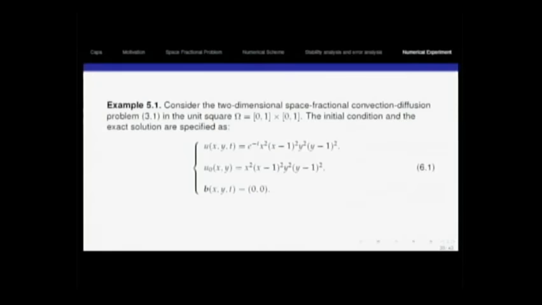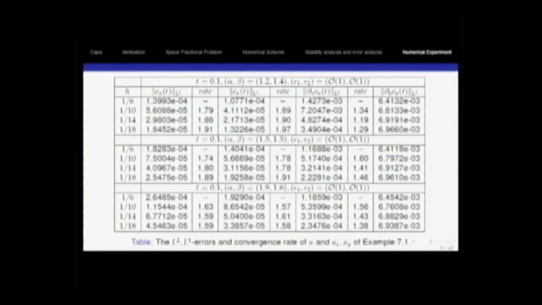So now I will give some examples. We chose the exact solution as this one with the initial condition, and we consider B homogeneous, just 0, to see what happens. Okay. We consider t equals 0.1 and use different alpha and beta to see the order of error. And the result is in fact very good, also better than the theoretical analysis.